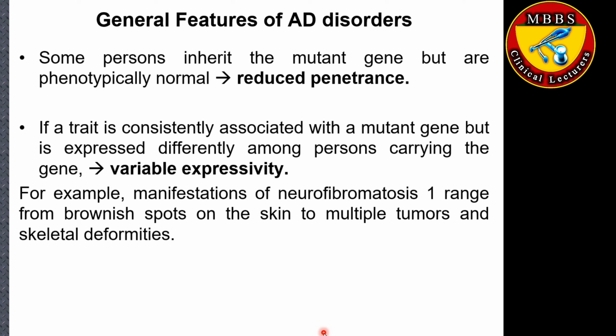For example, there are two individuals with the mutant gene of neurofibromatosis, but one person will express neurofibromatosis as only brownish spots on the skin, while the other person with the mutant gene will express it as tumors and skeletal abnormalities. So the same mutant gene is in both individuals, but the gene expresses itself in a different way in each. This is termed variable expressivity.